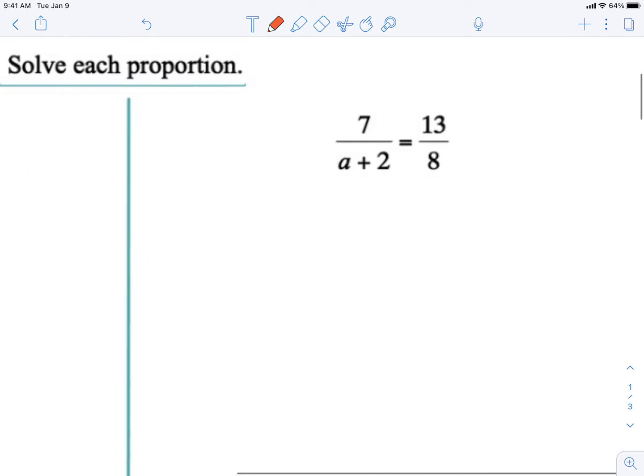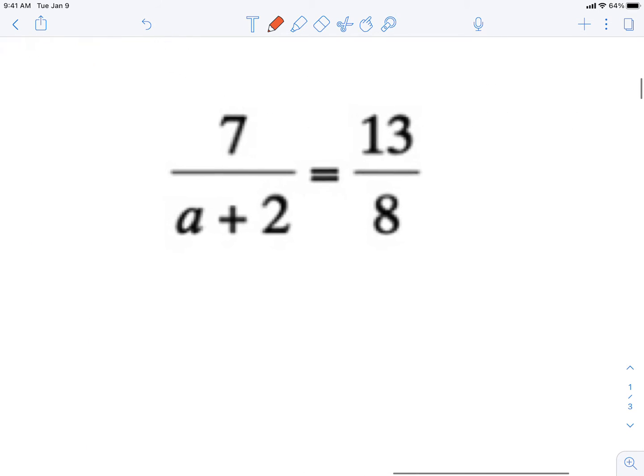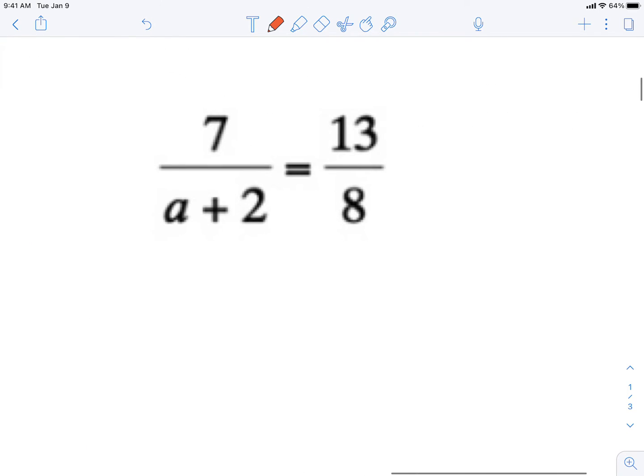Our next example looks a little more complicated, but still simple, right? In this case, you see I have two terms here, a plus 2. So I'm going to put parentheses around this, because that's going to work together. That's like a family. A plus 2 is a family, so they multiply together.